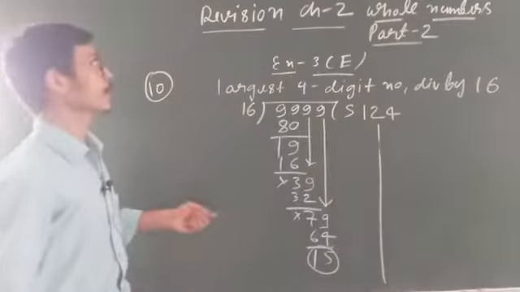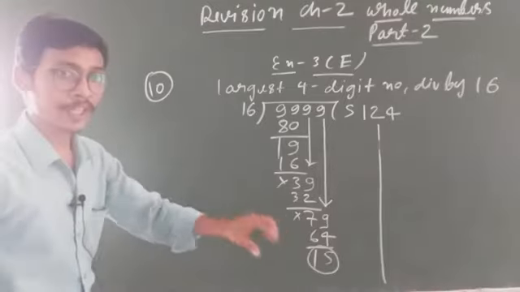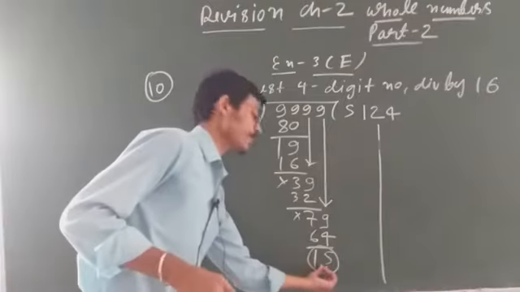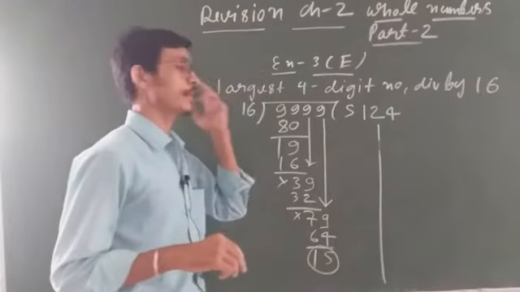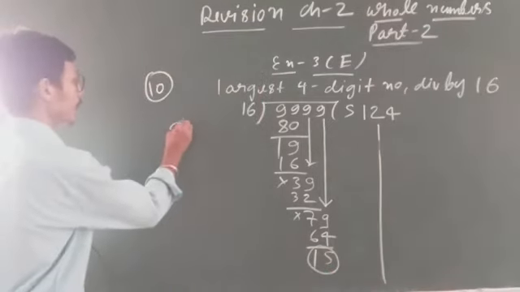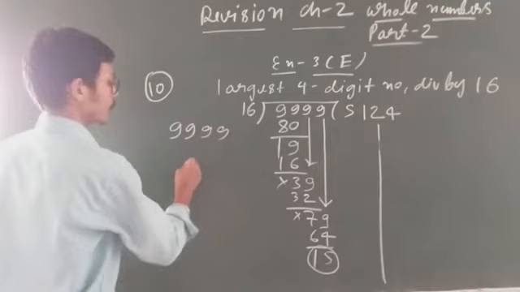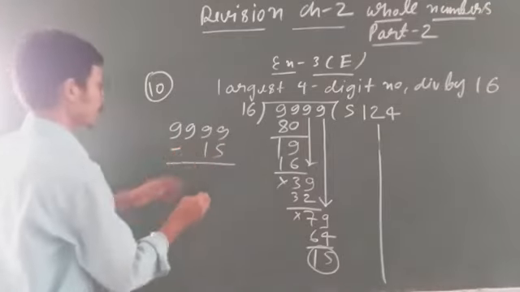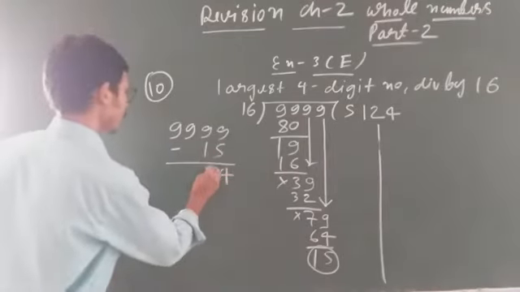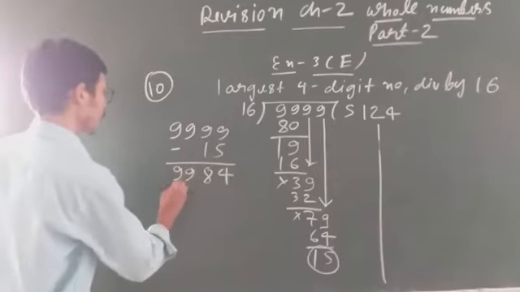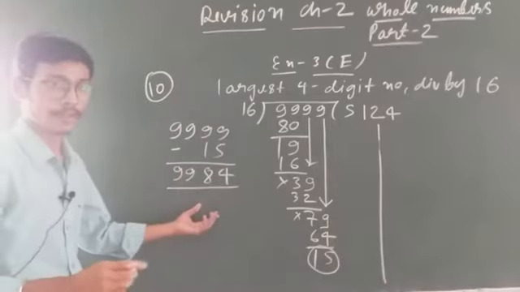If this extra 15 you reduce, then it will become divisible by 16. So what will you do? 9999 minus 15: 9 minus 5 is 4, 9 minus 1 is 8, so this becomes 9984. Clear, student?